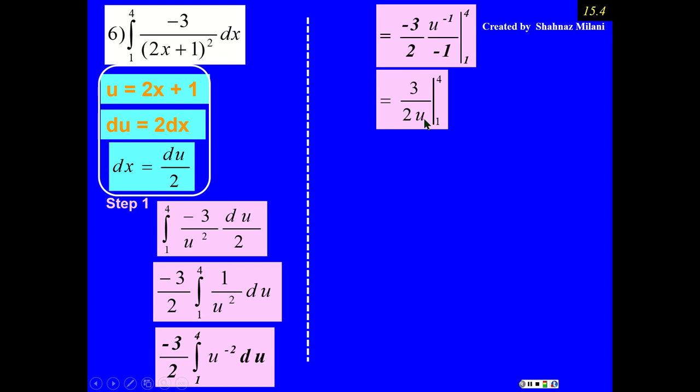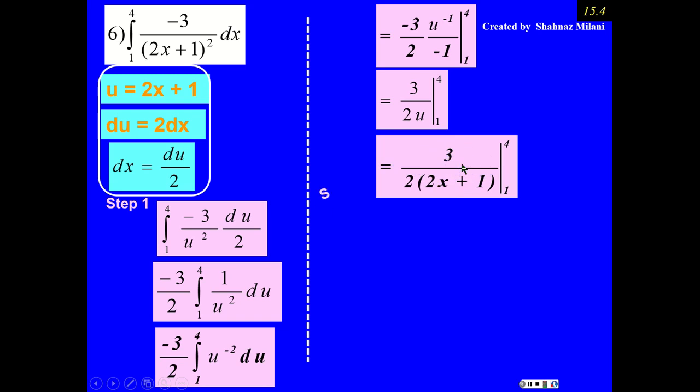Now, the x value is between 1 to 4. That means go replace your u by the u value, which is 2x plus 1. Now, that is step number 1, subtraction of an antiderivative. Step 2, replace the x by the higher x value, 4.